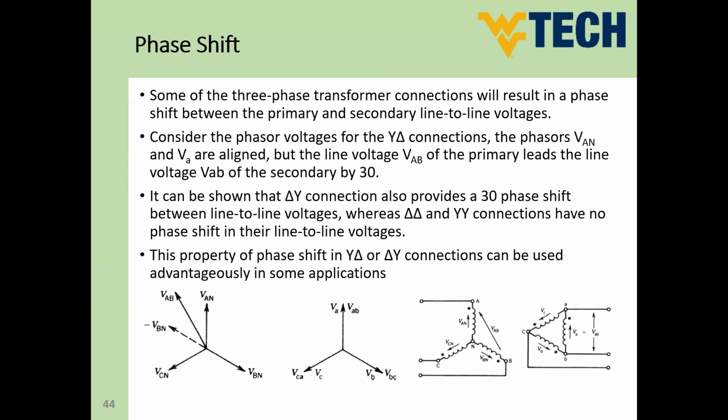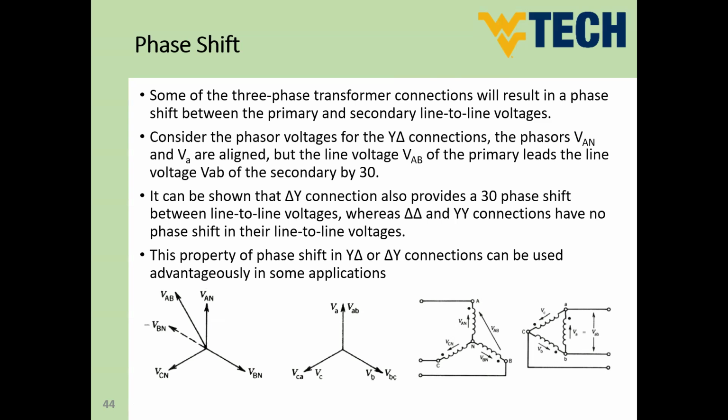Why? Because if you have different connections, Y and delta, between primary and secondary, there is a phase shift of 30 degrees between line and phase voltages. So this will make a phase shift between the primary and the secondary volts, and it would be a multiple of 30 degrees.